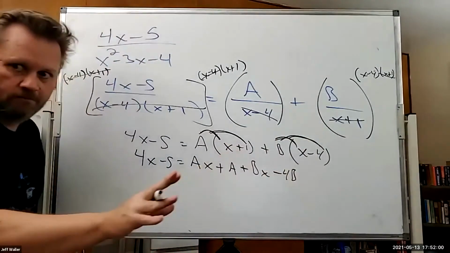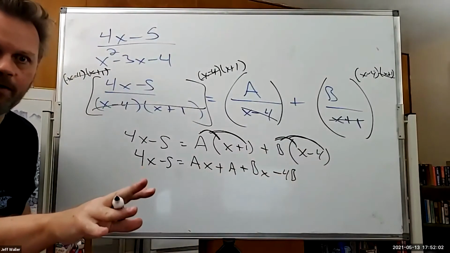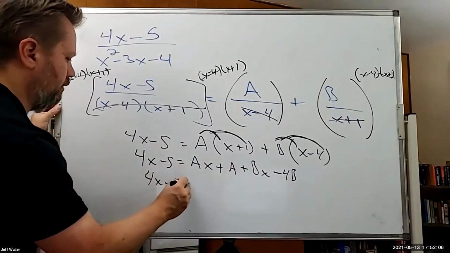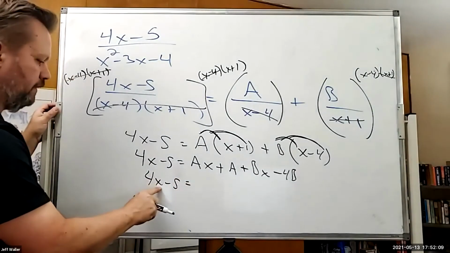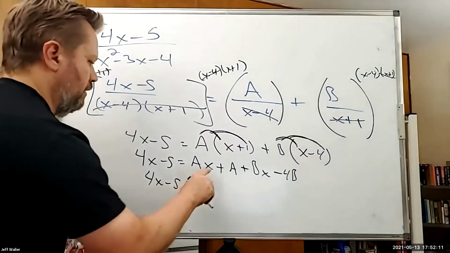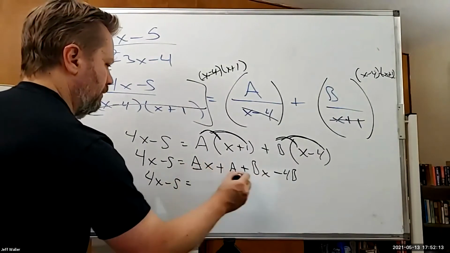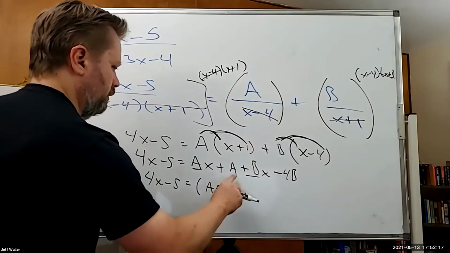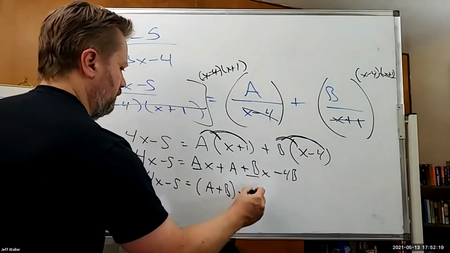I kind of skipped this step earlier. So then I can collect my stuff together. 4 is in front of x here, and -5 is by itself. What's in front of x is a plus b, and what's by itself is plus a minus 4b.